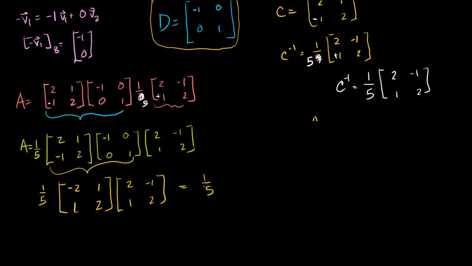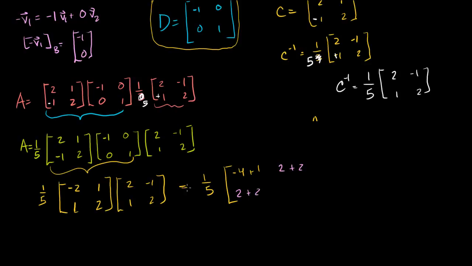And what is this going to be equal to? This is going to be equal to 1/5 times minus 2 times 2 is minus 4, plus 1 times 1, plus 1. And then your next term is going to be minus 2 times minus 1, which is 2, plus 1 times 2, so it's plus 2. And we have 1 times 2, which is 2, plus 2 times 1, which is 2, right?